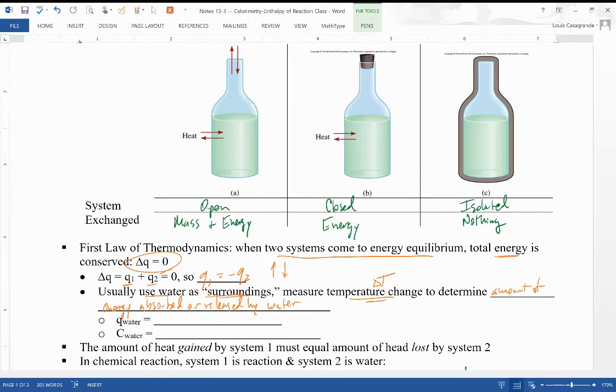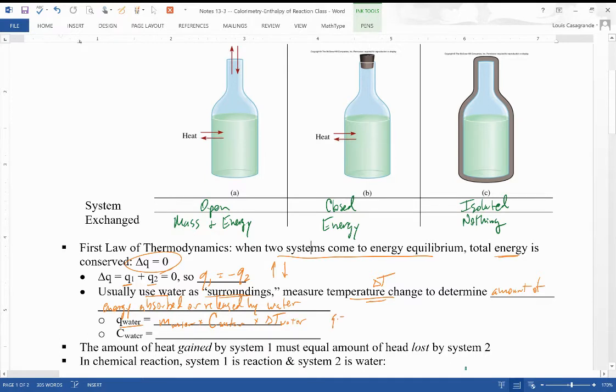Going back to the specific heat lab, you'll remember that the Q of the water, Q is equal to the mass of the water times the specific heat, C of the water, times the delta T of the water.